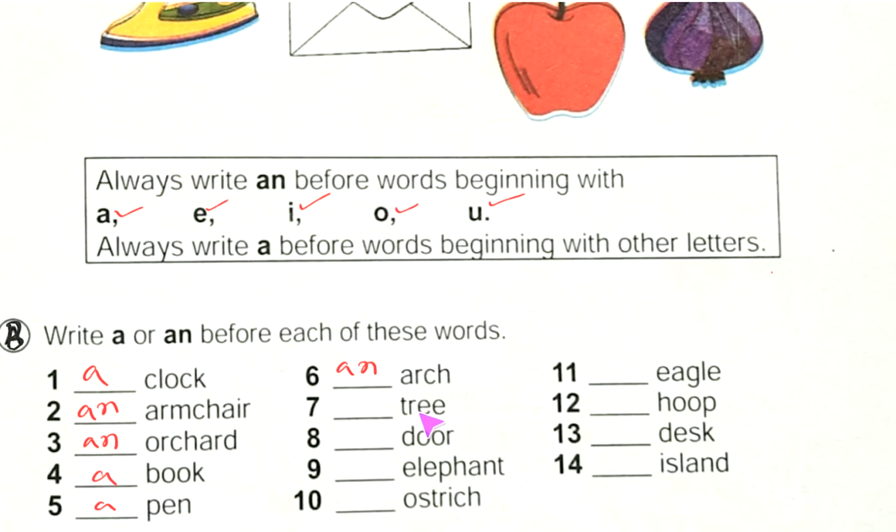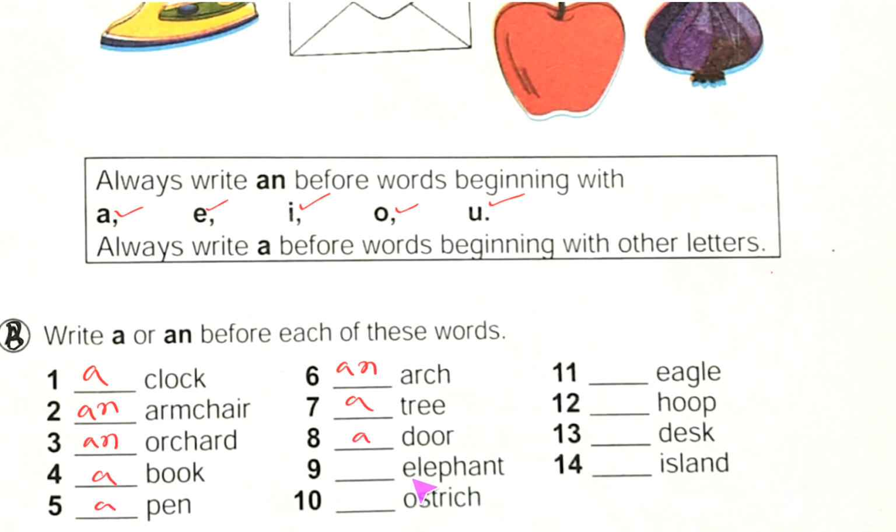Tree, that's tree. This word has started with T, it's not included in this row, means it is not started with vowel, so we will put here a. Door, door has started a consonant with, that is D, so we will use here a door.